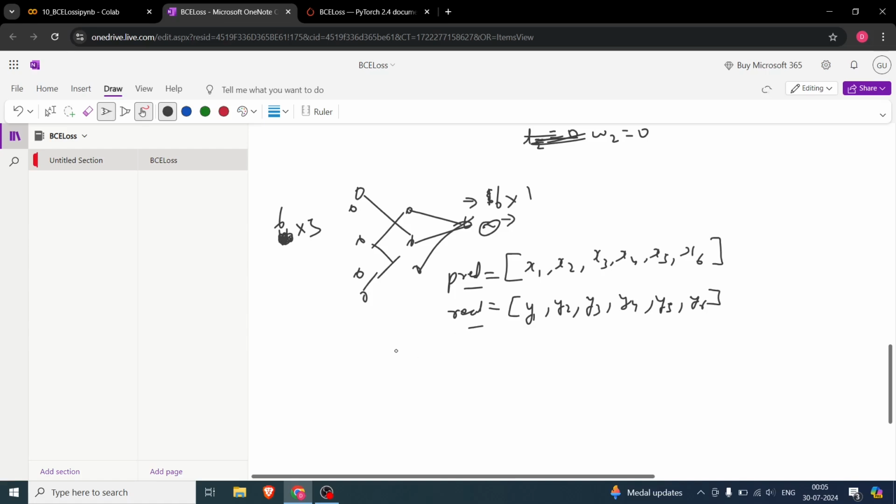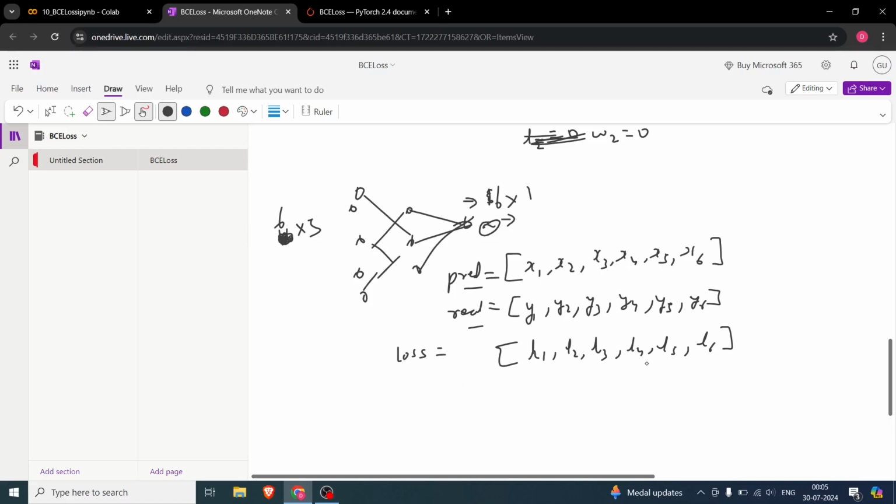You take the loss function that I mentioned and calculate L1, L2, L3, L4, L5 and L6. Now what will happen if you don't have weight?